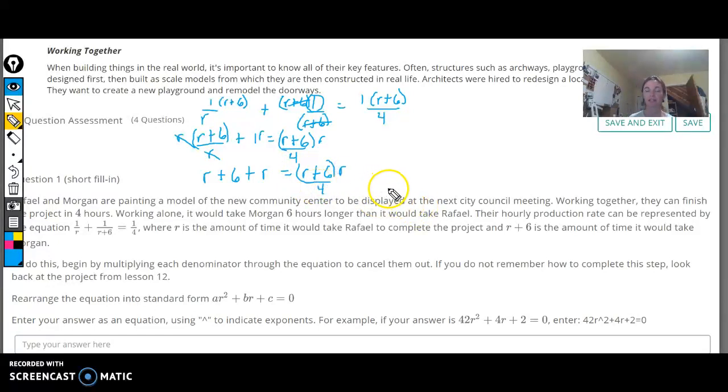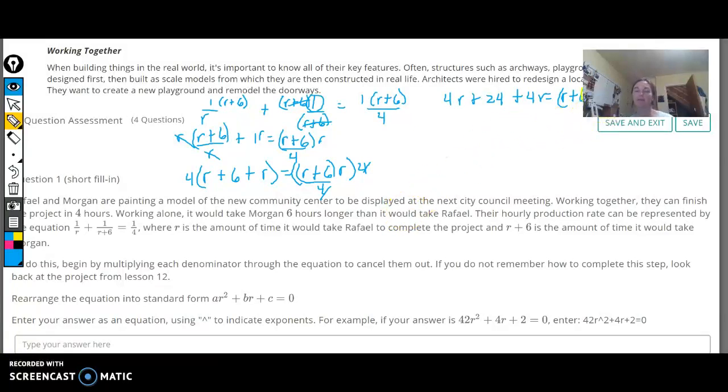Now I'm going to multiply everything through by 4 to get rid of that last denominator. And when I do that, the 4's over here cancel out, and I get 4r plus 24 plus 4r equals r plus 6 times r.